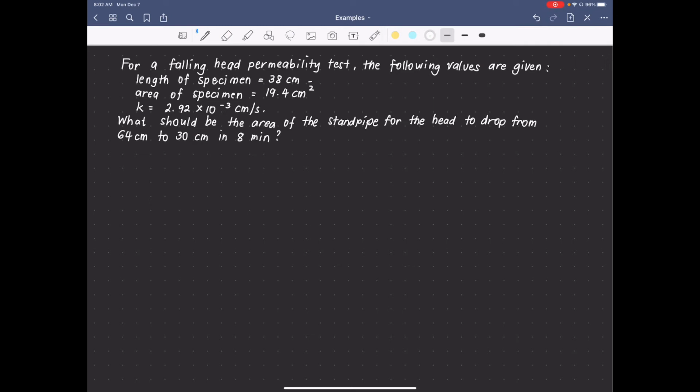The area of the specimen is already given to be 19.4 centimeters square. The permeability, or the hydraulic conductivity value, is 2.92 times 10 to the negative 3 centimeter per second. So what we are asked is the area of the standpipe, so that the head will drop from 64 cm to 30 cm in a span of 8 minutes.